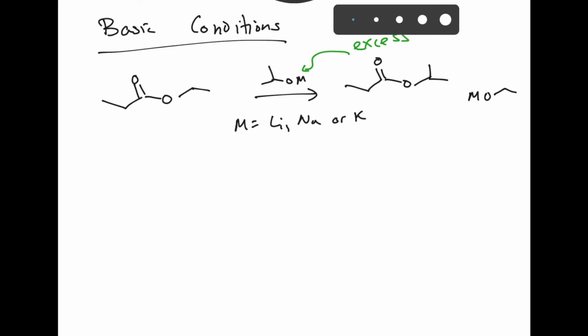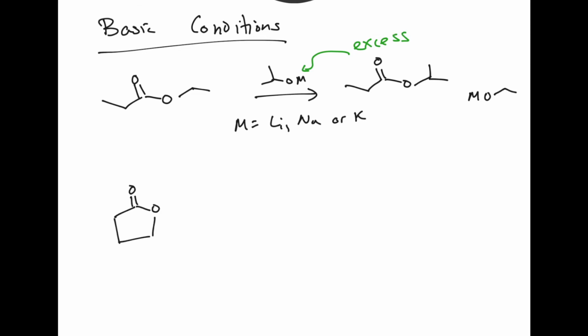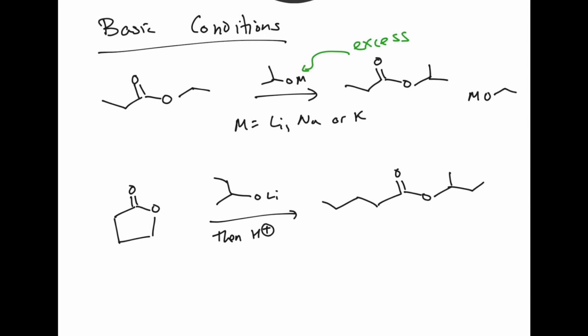And if you have a lactone, everything is pretty much the same. Right, we'll just make them, but here we have to have the then H plus because we need to protonate the alcohol that we generate when we open. So let's count real quick. 1, 2, 3, 4, 5. Yep, okay.